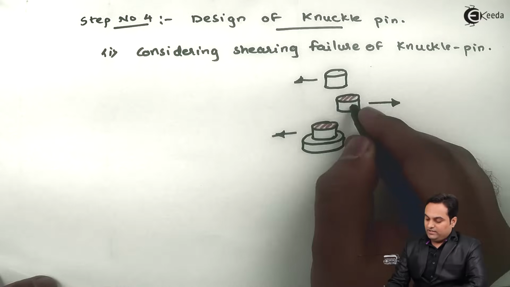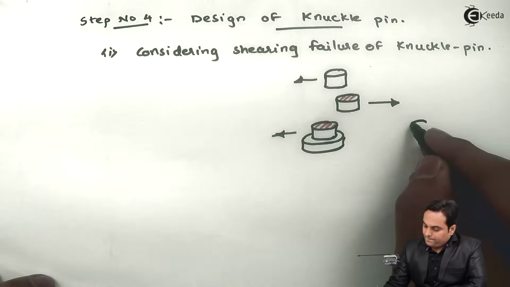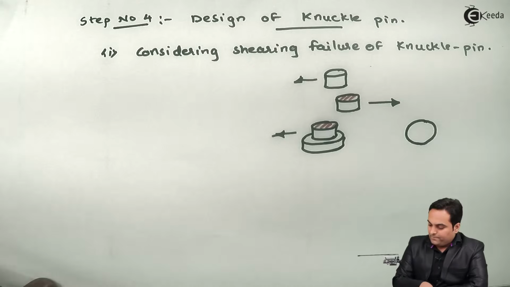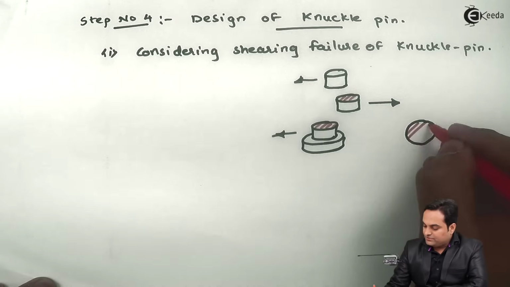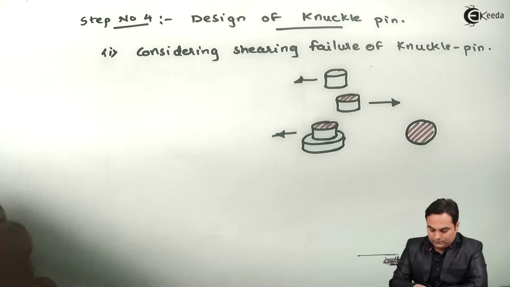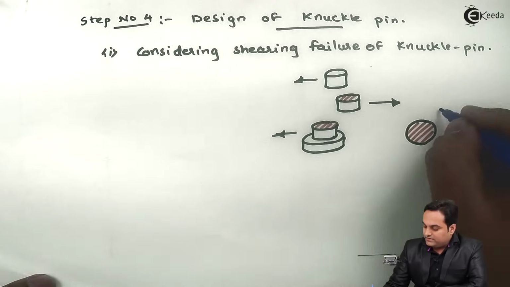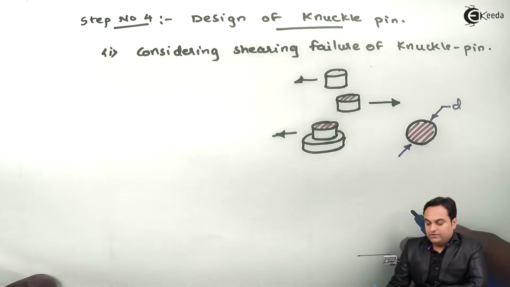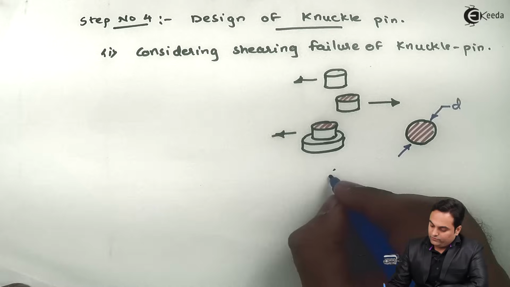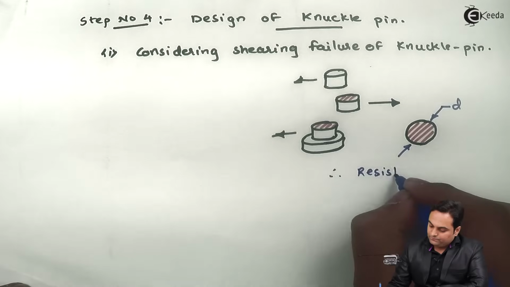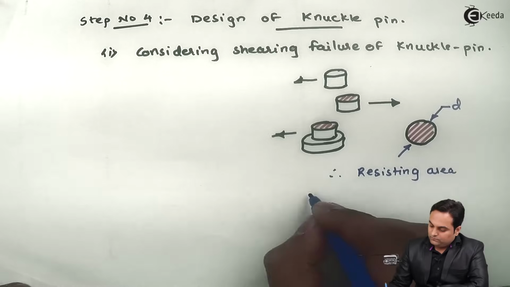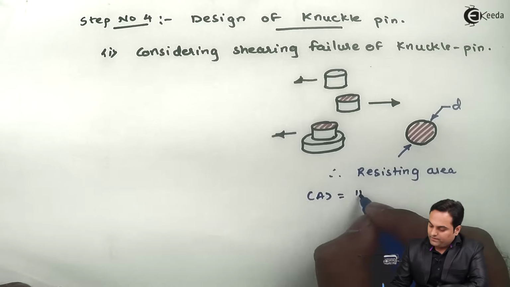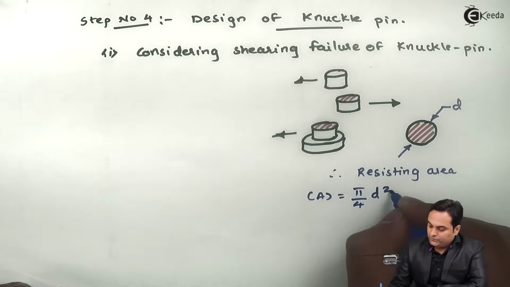So the shearing area is a circle. Here I can draw the cross section area which is shearing. d is the diameter for this knuckle pin. Therefore the resisting area A is equal to pi by 4 d square.